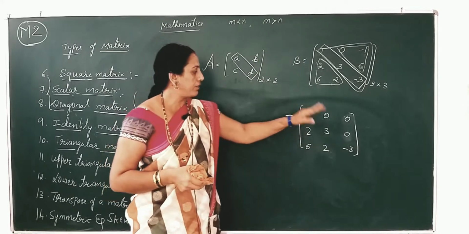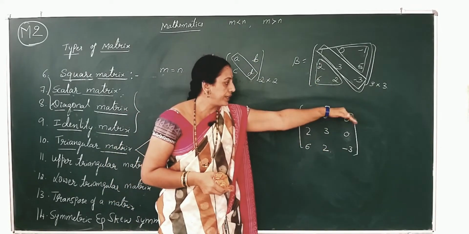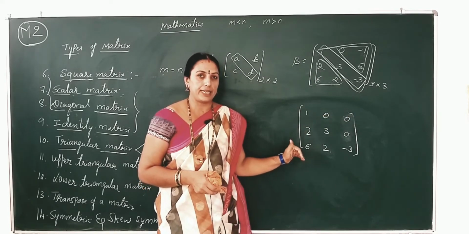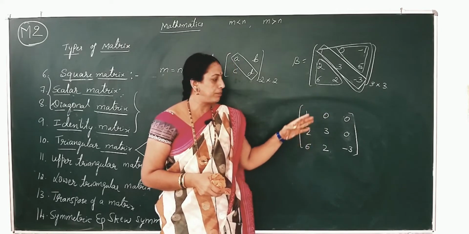Means in any one of the square matrices, the upper part of the diagonal elements or the lower part of the diagonal elements or both the upper and lower parts will be 0.